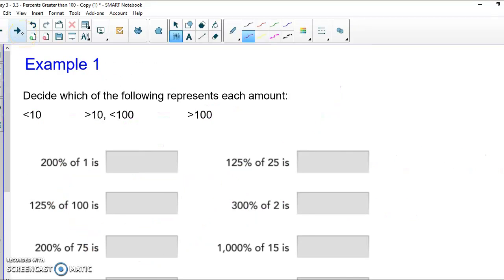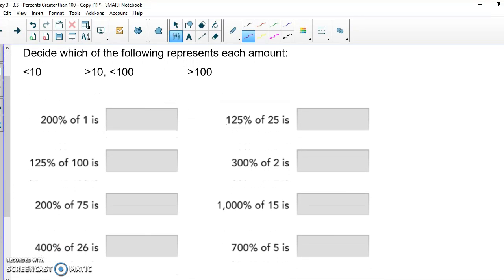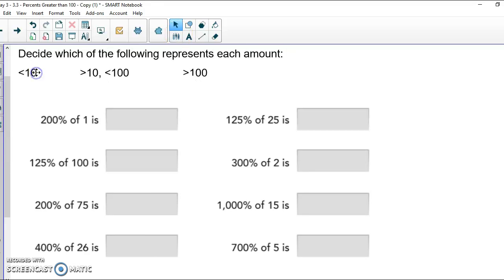Let's look at matching up some of these and deciding what these amounts represent. So our categories could be less than 10, greater than 10, less than 100, greater than 100. So as I'm looking first at 200% of 1, I'm first going to think about how much is 100% of 1.